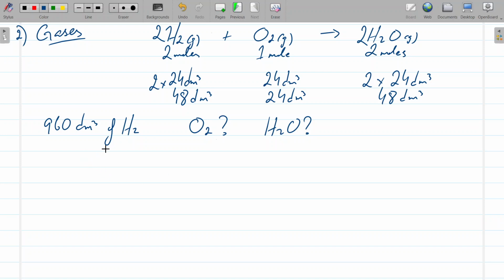So since we're talking about hydrogen over here, the way they've gone about doing this, right, is they just take a look at the numbers, and again, start small and then scale it up or scale it down. And so what they're doing is 48 times 2 is 96.